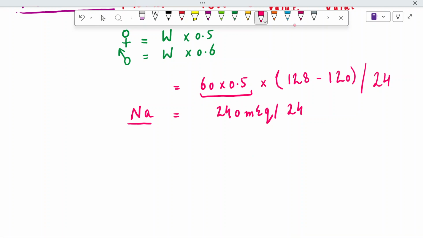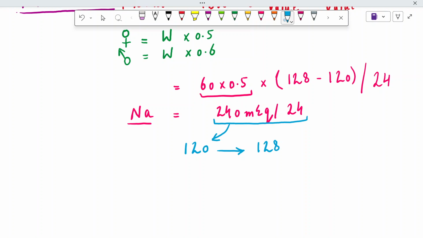We are only increasing 8, but why is the answer saying 240 milliequivalents per 24 hours? Because in a patient with a sodium value of 120, when we give the infusion of 240 milliequivalents over 24 hours, the value of the sodium will increase from 120 to 128.